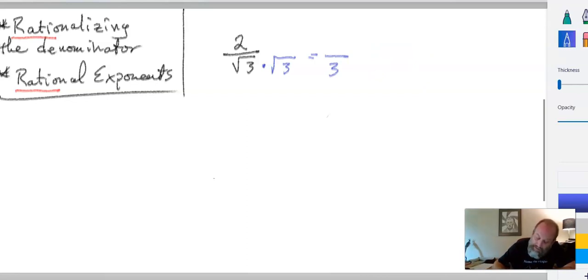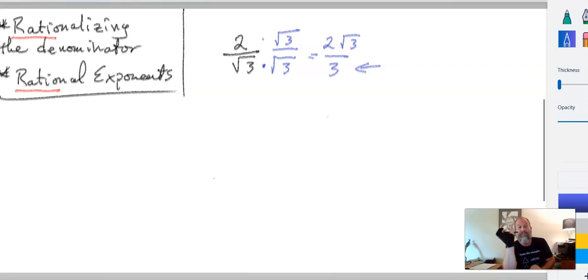That'll give me a 3 in the denominator, but the rules of fractions say I have to multiply the numerator by the square root of 3 as well. And so 2 times root 3 is 2 root 3. Now we have rationalized the denominator, because the denominator is now a rational number, right? So when you have a single term in the bottom and that term has a root, basically what you end up doing is multiplying numerator and denominator by that root.